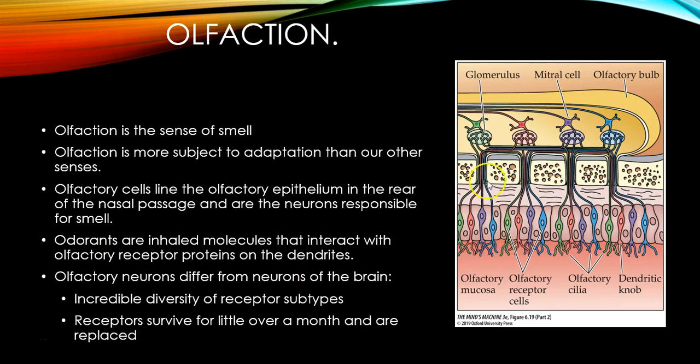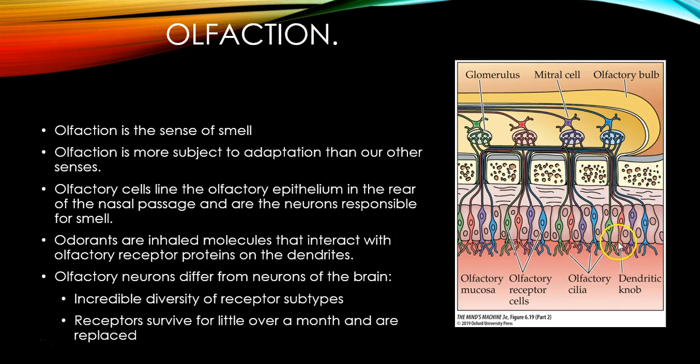So here are the olfactory cells, and you can see that the olfactory neurons are a little bit different from neurons in the brain, but they also have these down here. Let's see the dendrites, kind of see them here, or we call them cilia, but they're basically like dendrites reaching out to get the chemical odorants that come in through your nose.